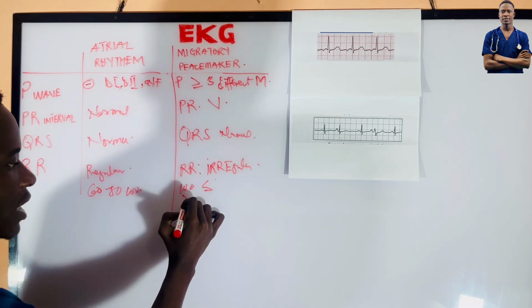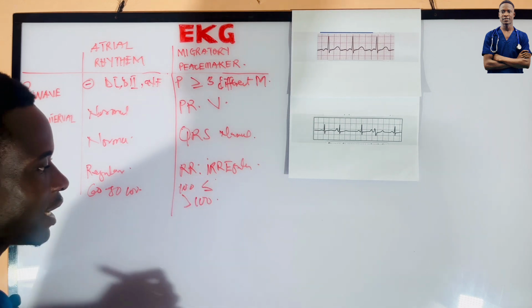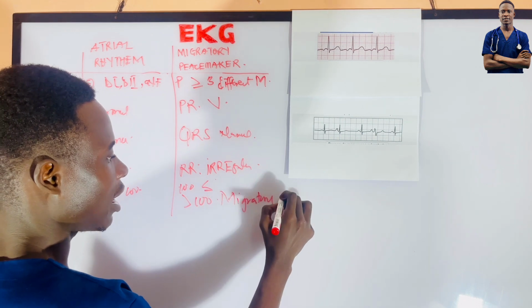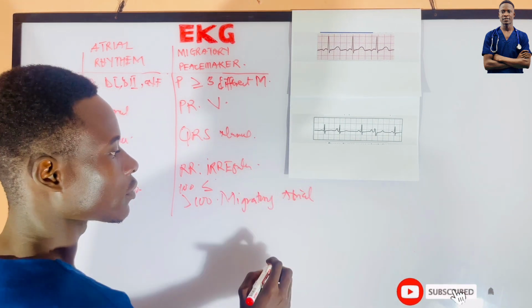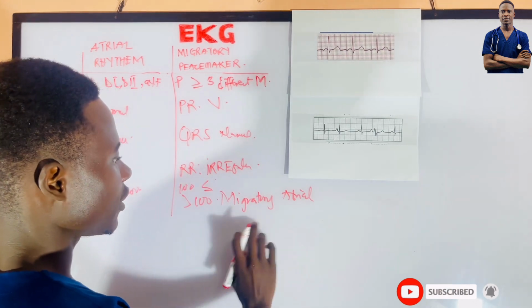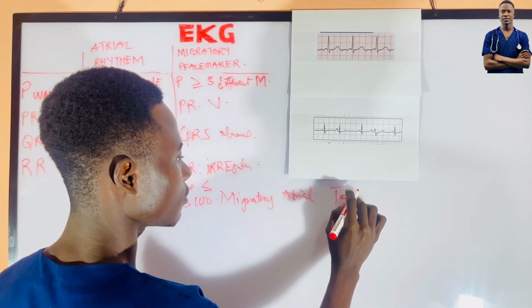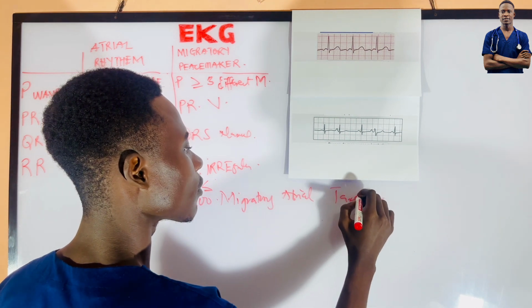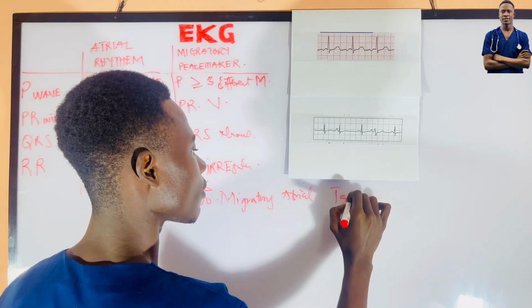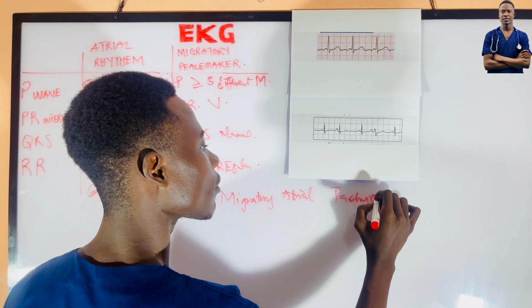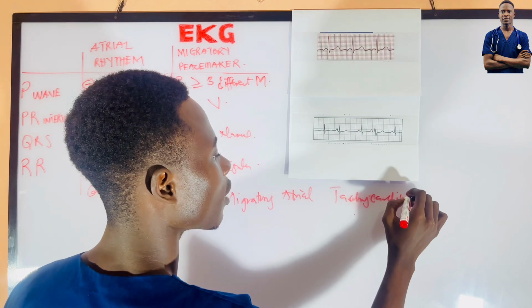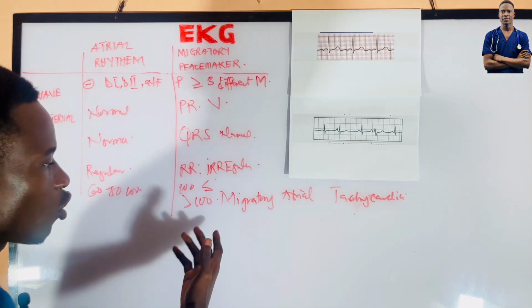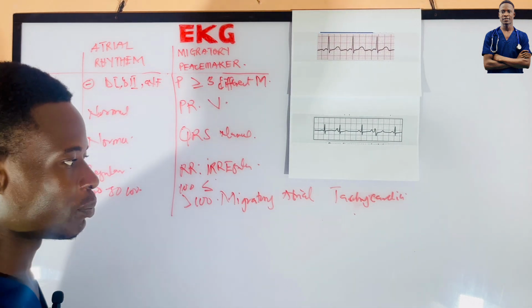The condition in which it becomes greater than 100, we say it's migratory atrial tachycardia, when it becomes more than 100 beats per minute.